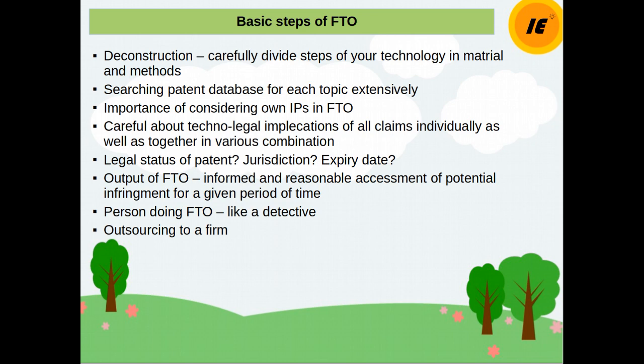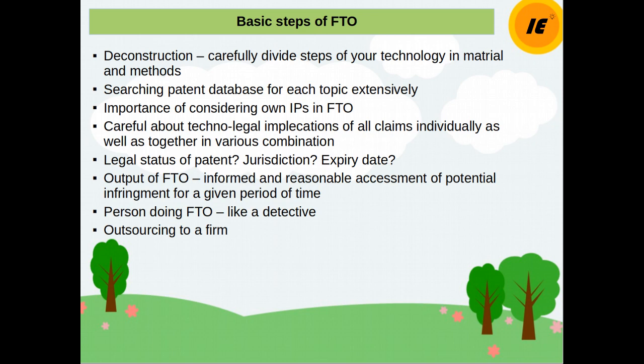So here I will try to give a basic understanding of FTO. The FTO basically concerns the kind of research that you are doing. Let's say you have done a certain amount of research, and you think this particular topic and research is very valuable, so you want to write a patent.